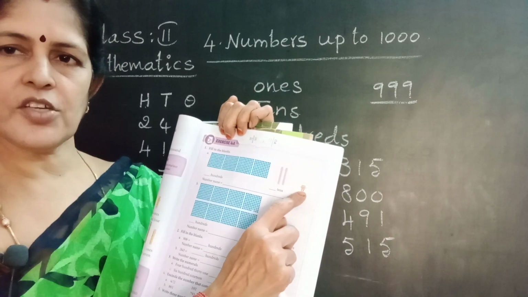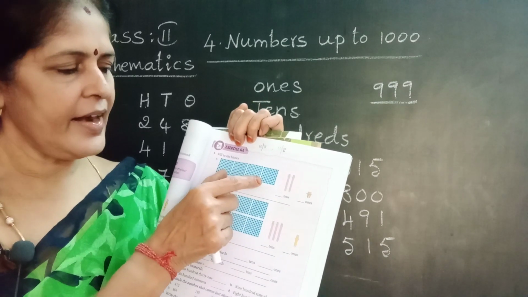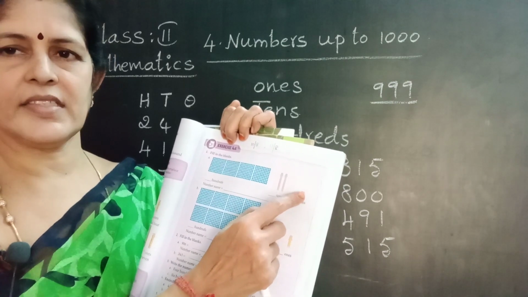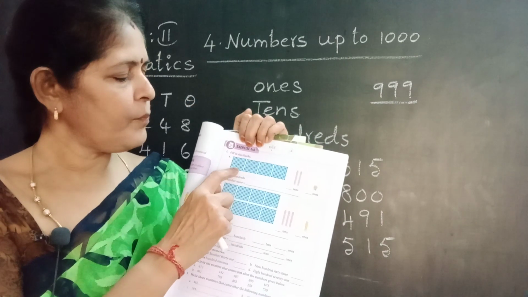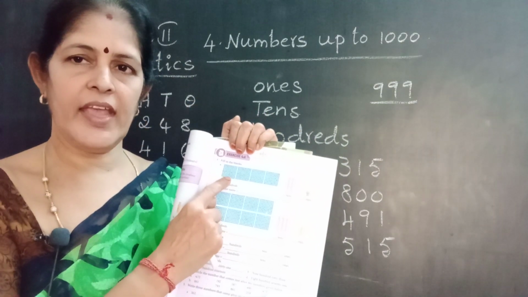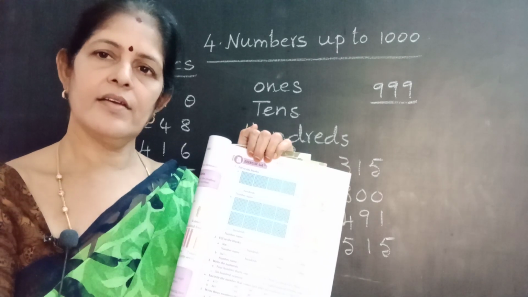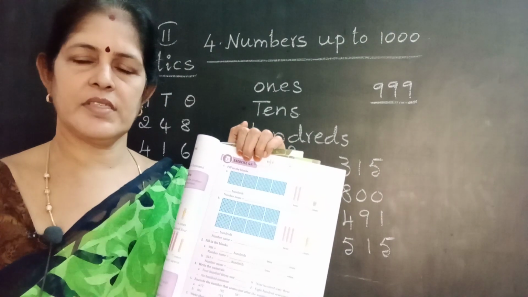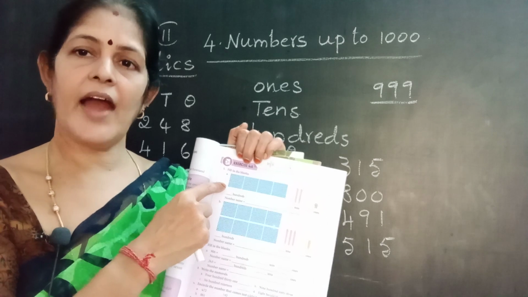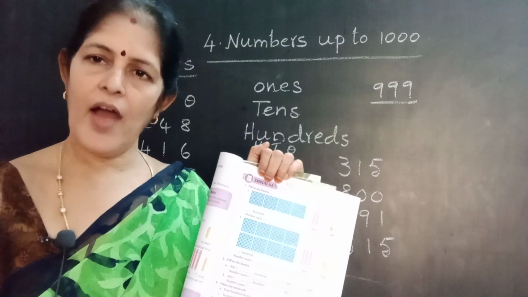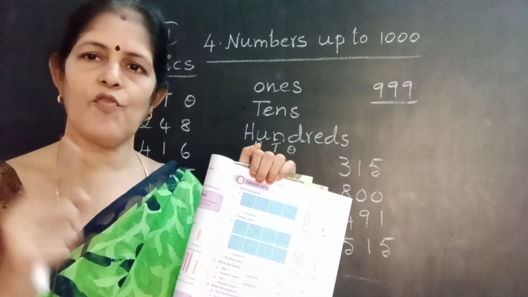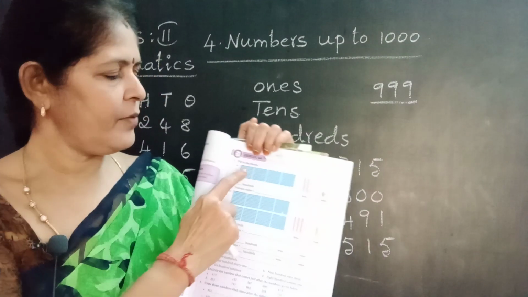This one goes to ones. Hundreds, tens, ones. In the previous class I taught you. The big hundreds block has 10 rows and 10 columns. Total goes to 100 ones. 100 equal to 100 ones.